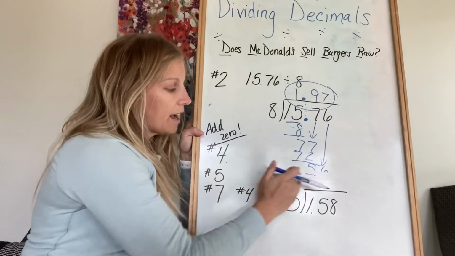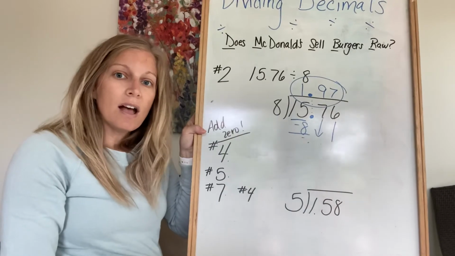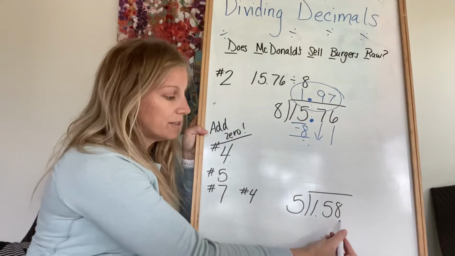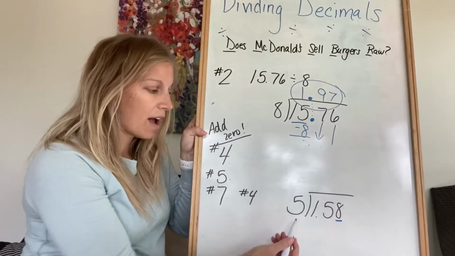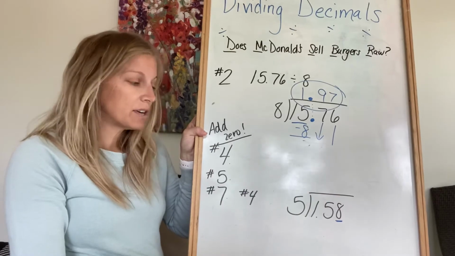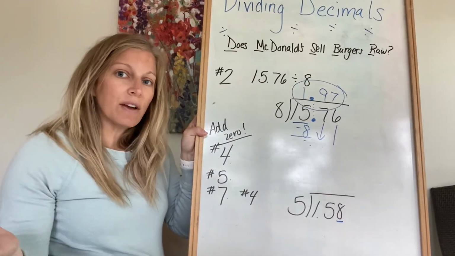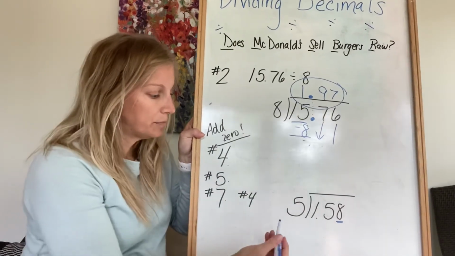Now let's look at number 4. Okay, I have 1 and 58/100 divided by 5. Now this number ends with an 8 and it's dividing by 5, so I know it's not going to go in evenly right away. In the past, we've had remainders. When we're dividing decimals, we can add a 0.